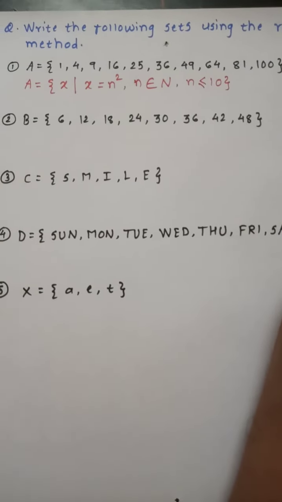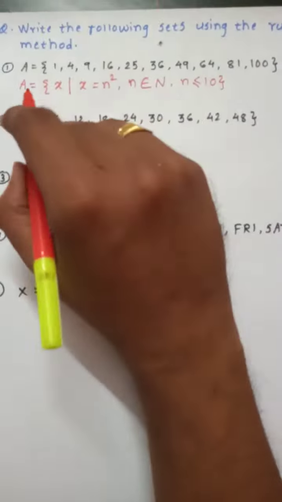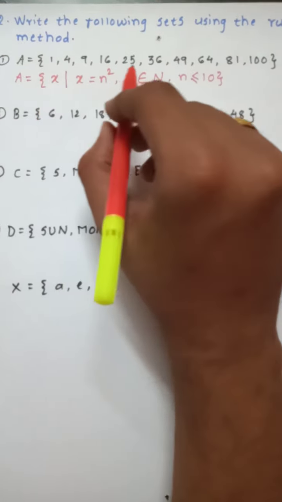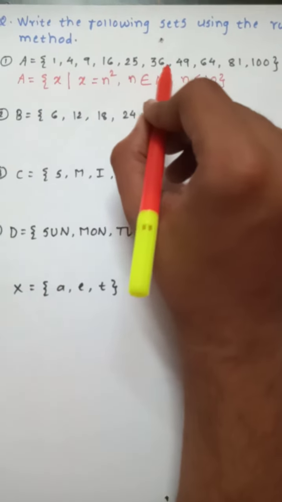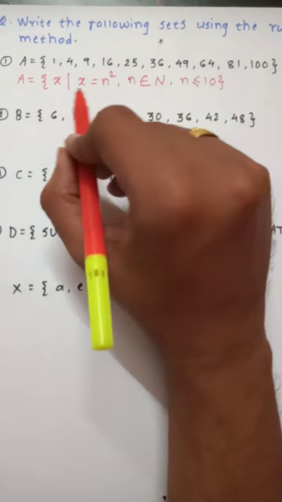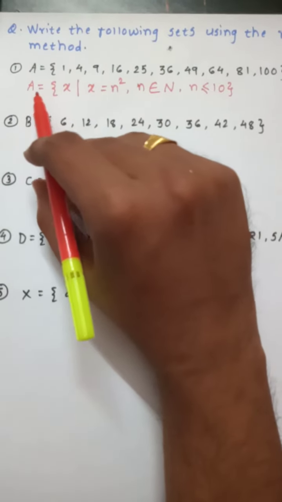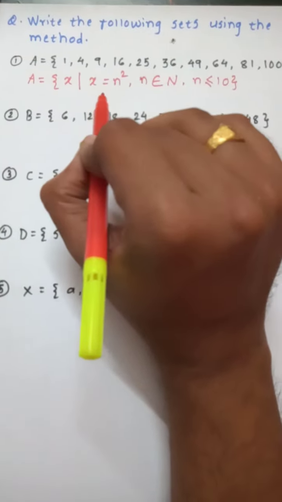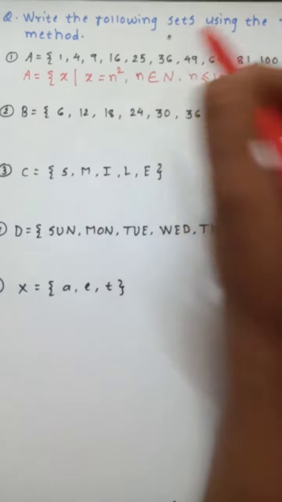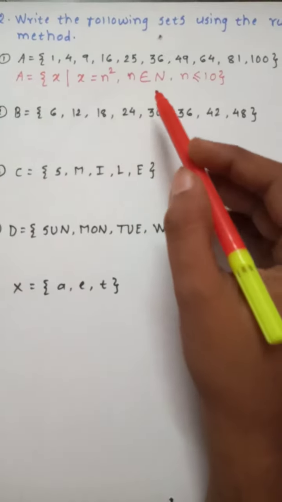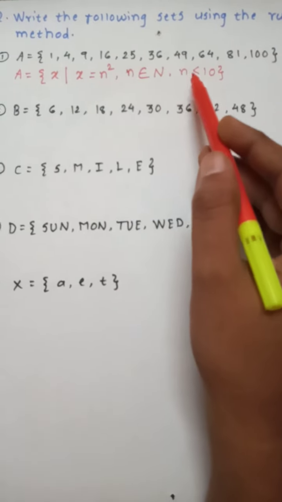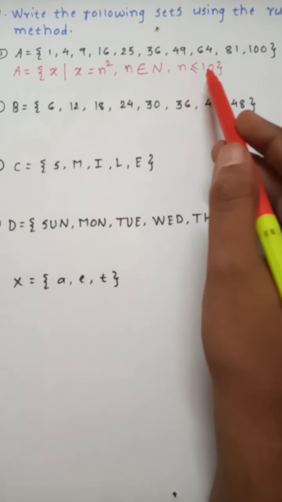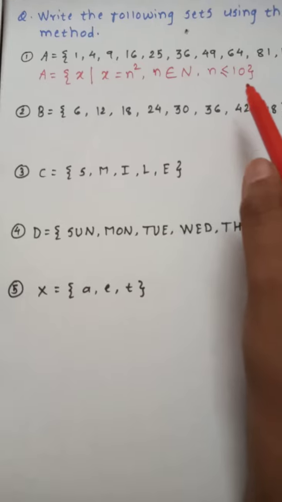So we have written the answer for our first question. Capital A, we have given some numbers and all these numbers are squares of some numbers. So the answer is written as A is set of all x such that x is equal to n square, where n belongs to natural number set and n is less than or equal to 10.